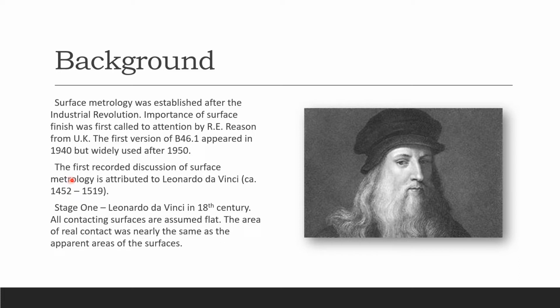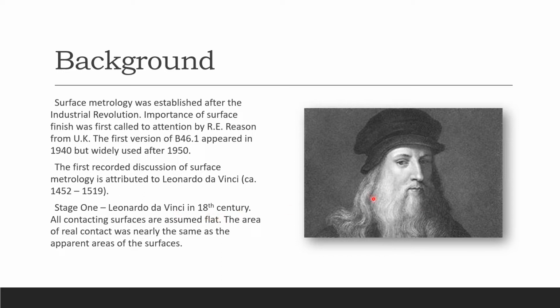The first recorded discussion of surface metrology is attributed to Leonardo da Vinci, way back in 1452 to 1519. So stage one of the surface metrology history is Leonardo da Vinci.